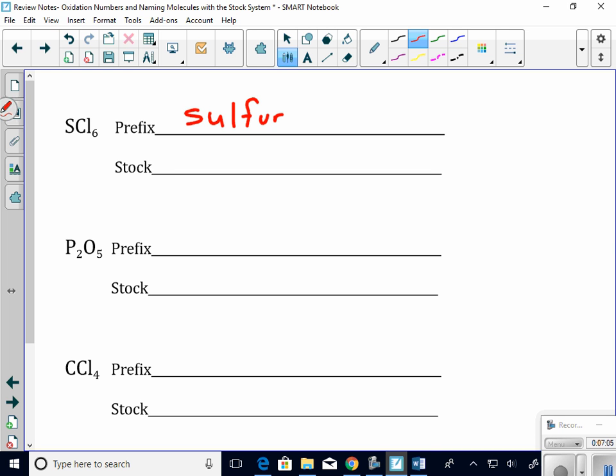My prefix for 6 is hexa. So I have sulfur hexachloride is my prefix answer.